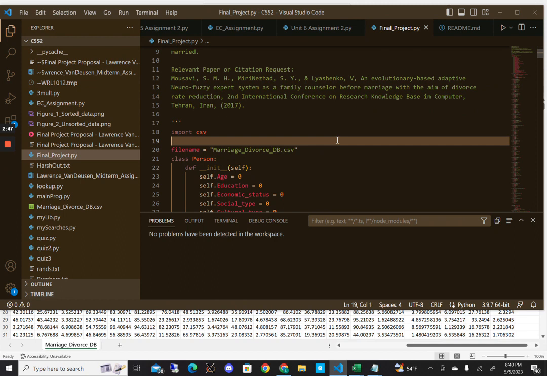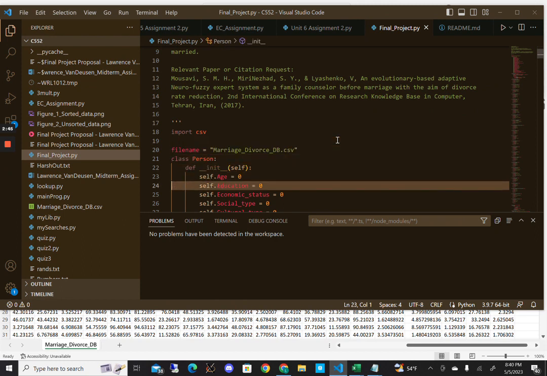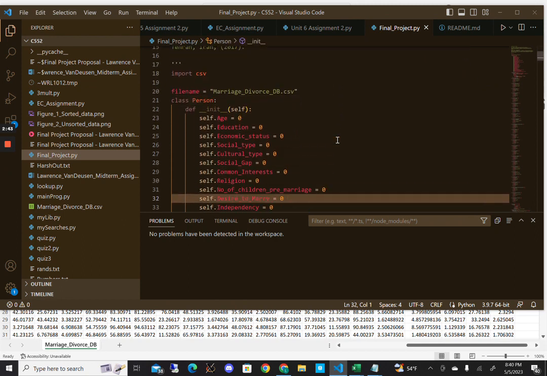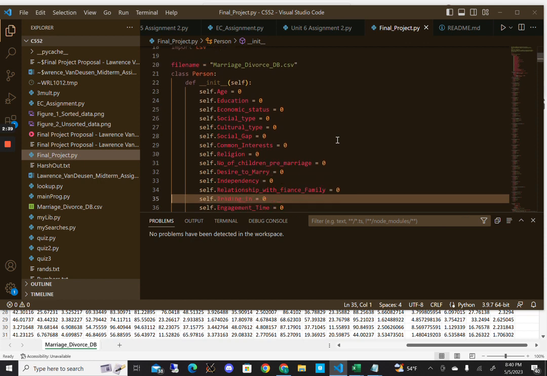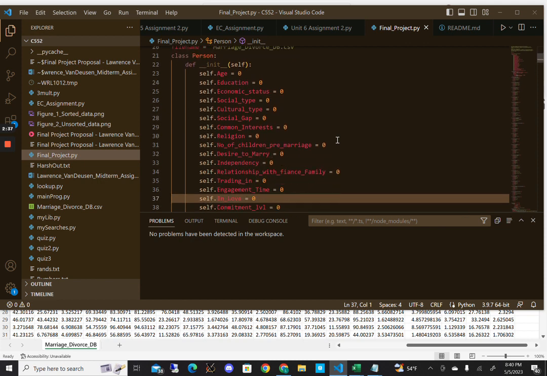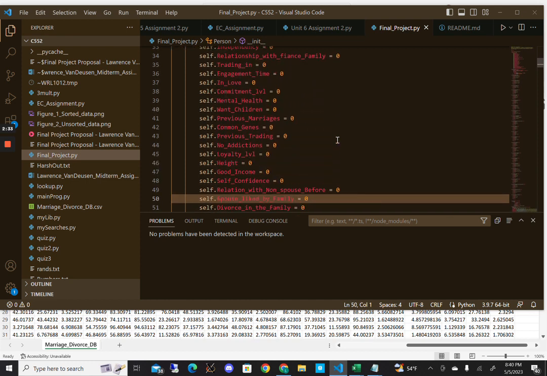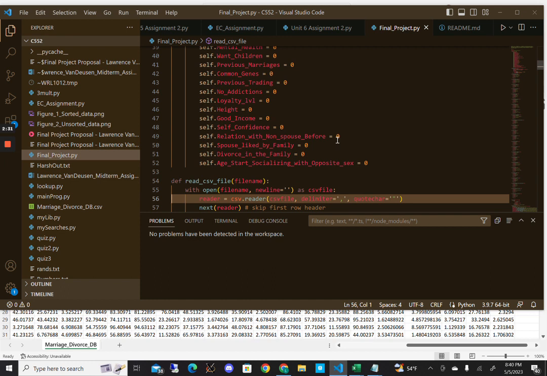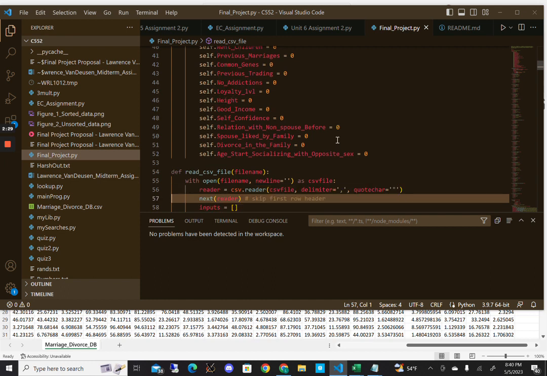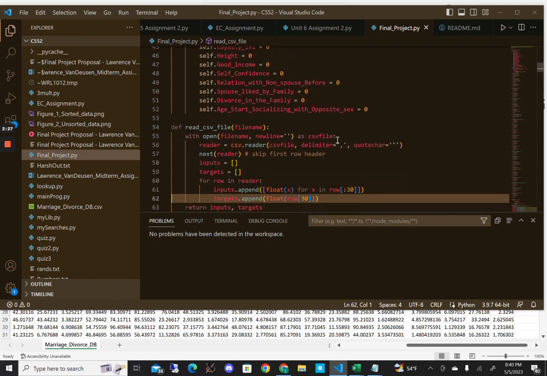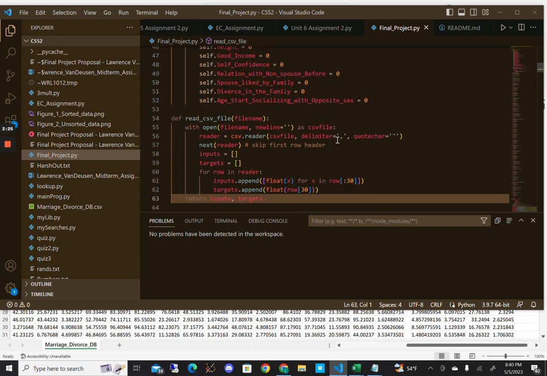So what my program does is it reads in a file name and it creates a structure. I created a class structure called person. And in the person structure, I initialized all the values to 0. And I have the 30 criteria parameters and the questions that would actually be asked. Then I read in the CSV file and I input it into the different rows and then the targets, and it's delimited by commas.